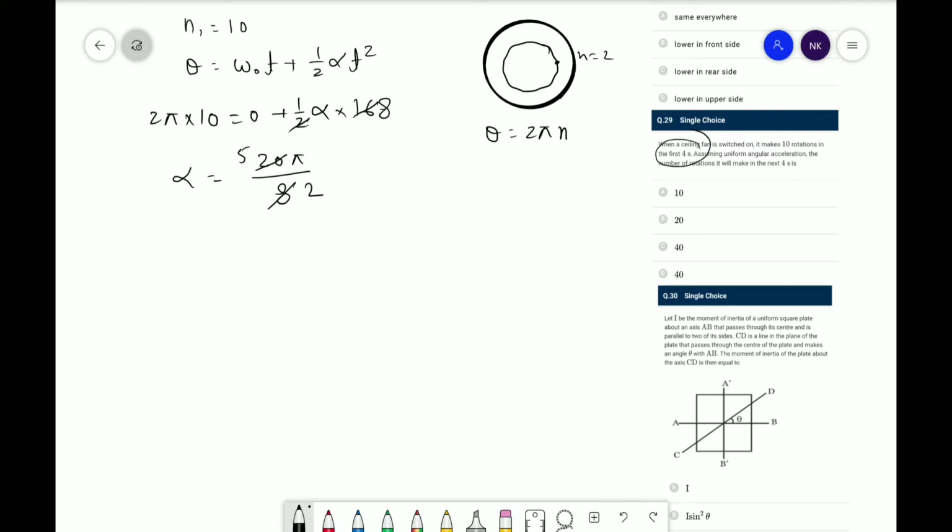Hence alpha will be equal to 5 pi upon 2, and this angular acceleration in circular motion is going to be constant.